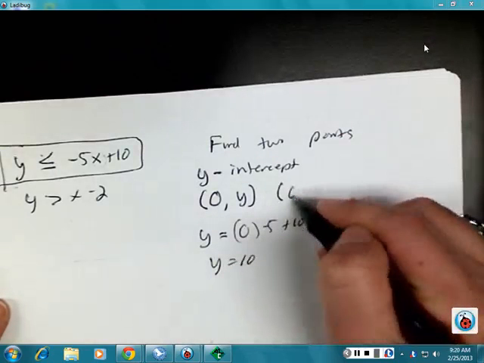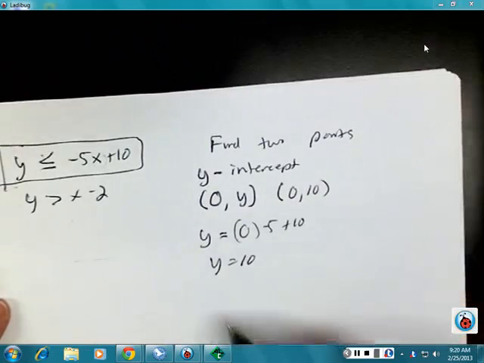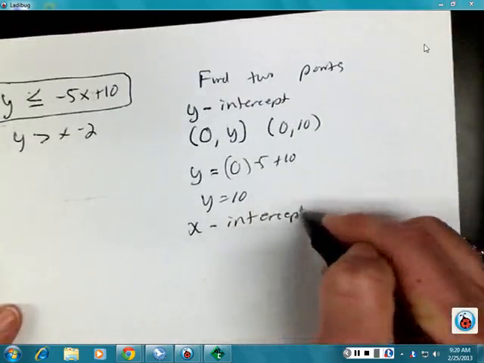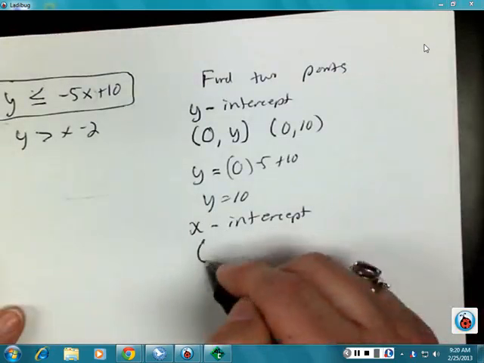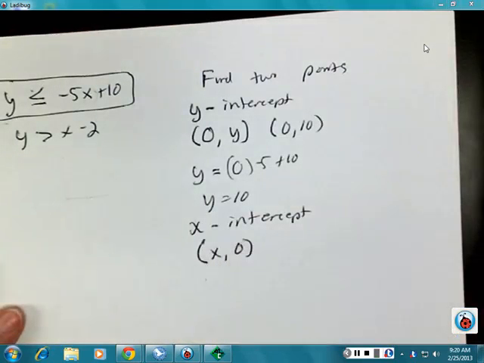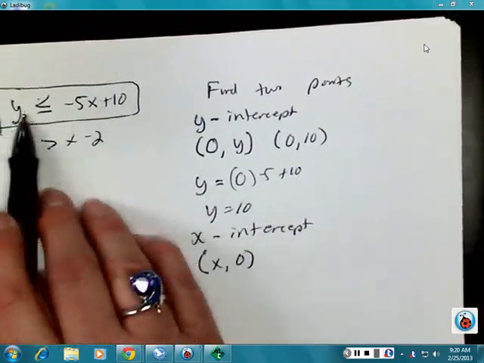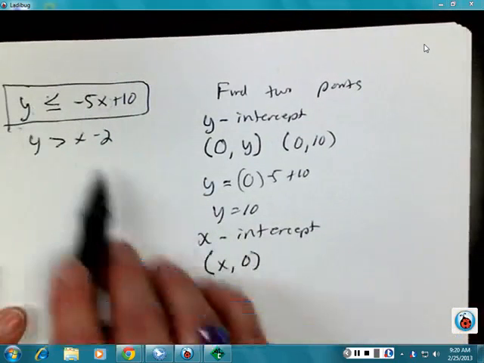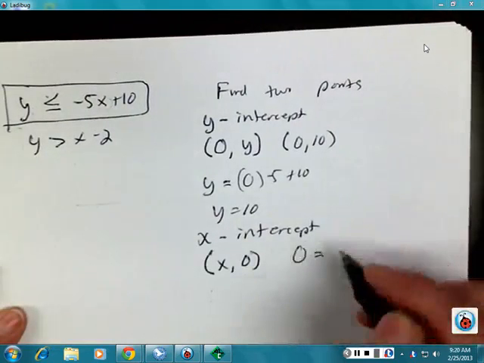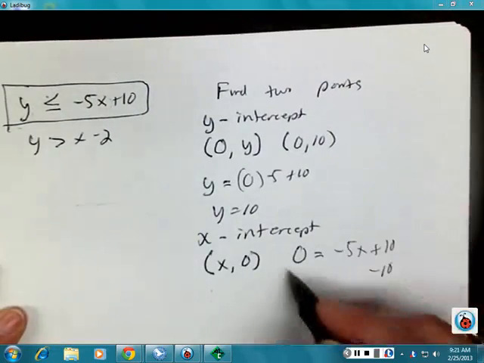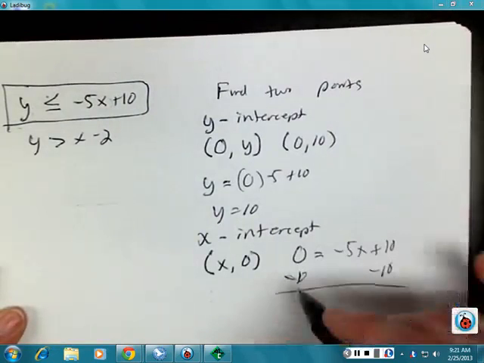So my y-intercept is 0, 10. And the other one is my x-intercept, because my x-intercept is going to be x, 0. And it's easy because now all I got to do is take my original equation and put 0 in where y is at. 0 equals negative 5x plus 10, minus 10 from each side.